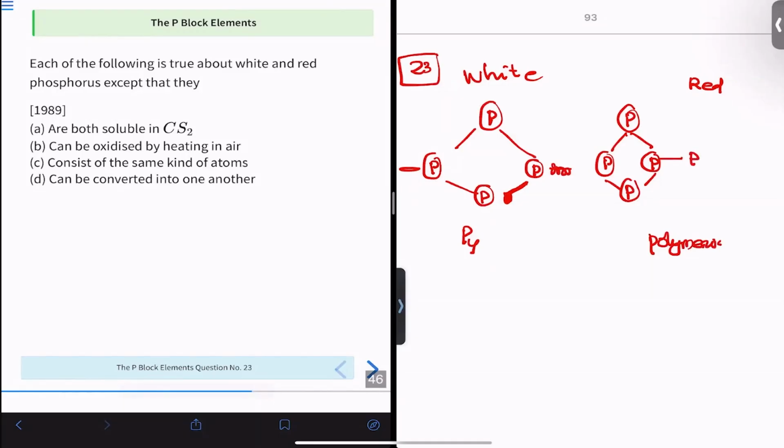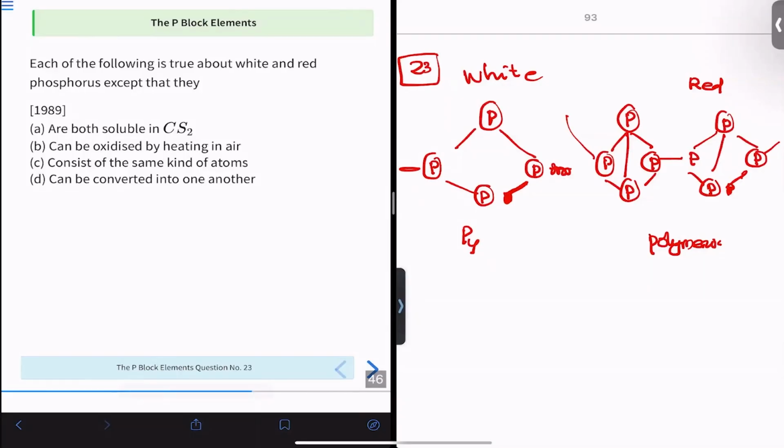This is the polymeric structure it has, all connected with each other. Red phosphorus is a polymeric compound, but white phosphorus is a single molecule compound. Now I will move to the options.